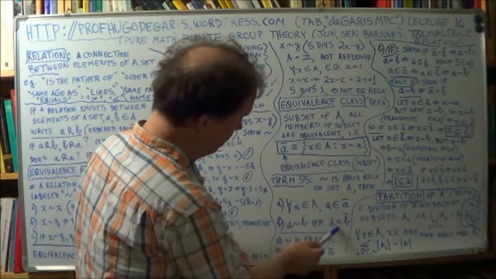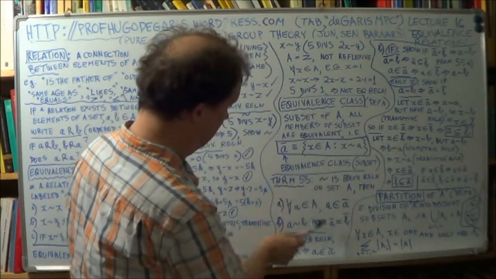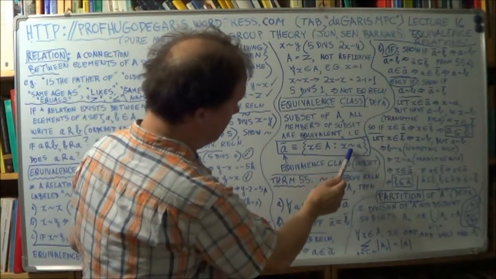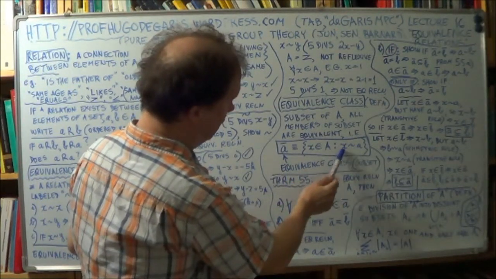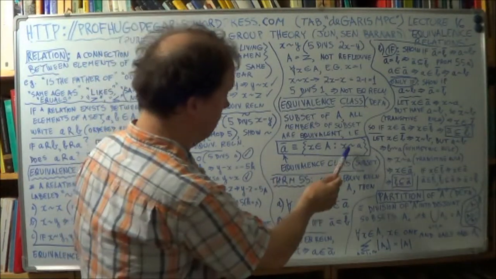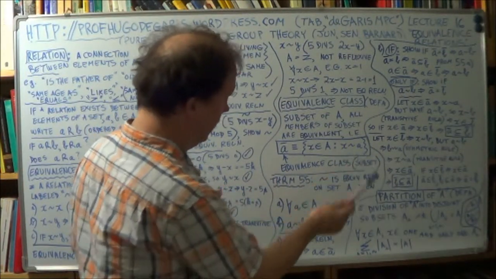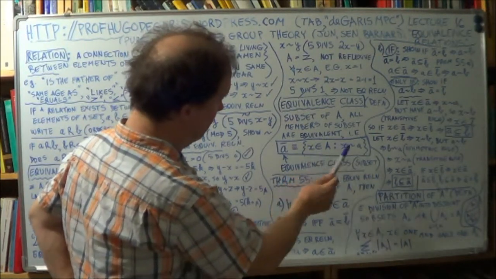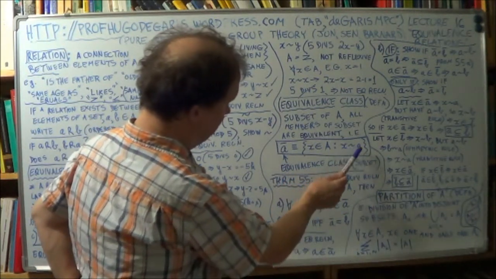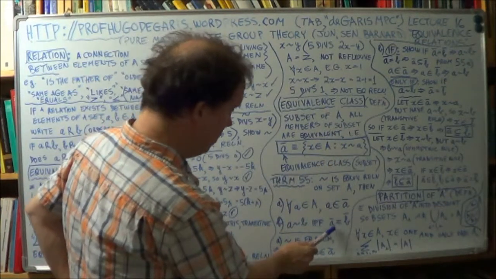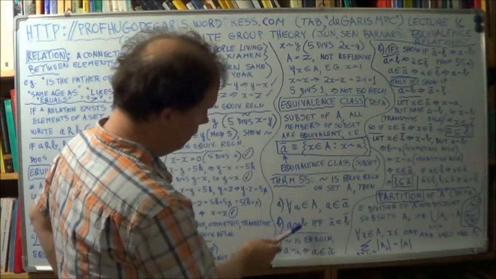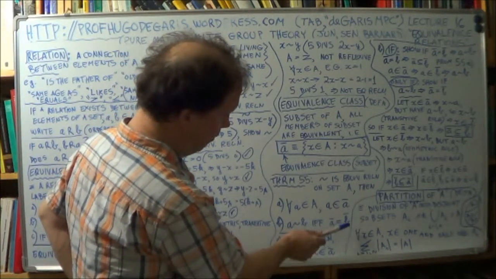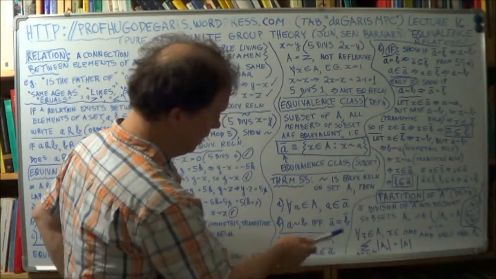This is a set, well, a subset. It's the set of all those x's where x and A have an equivalence relation. So it's all those x's that are equivalent to A. And this one, B, is the set of all your x's where x is equivalent to B. Right? So what you're saying is, A is equivalent to B if and only if the equivalence classes of A and B are the same. So these two sets are the same.